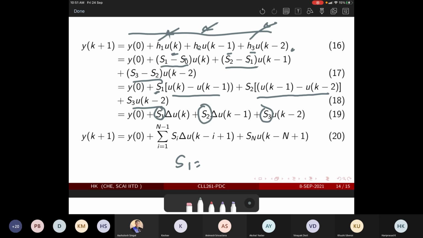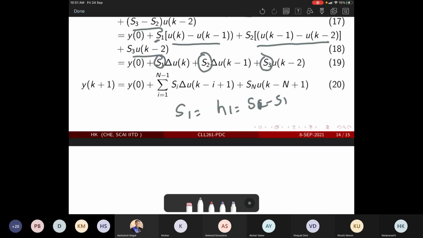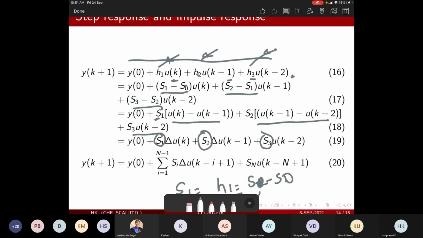H1 is equal to S1 minus S0. So with this, you can map S to H and H to S. I think this is what I wanted to convey from the data-driven modeling perspective. You can look at the book a little bit, and it contains a bit more content, I suppose.